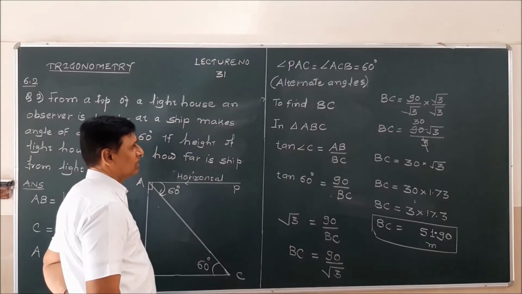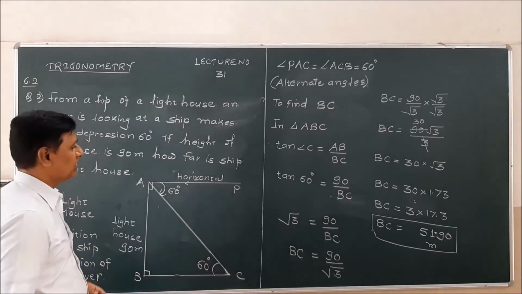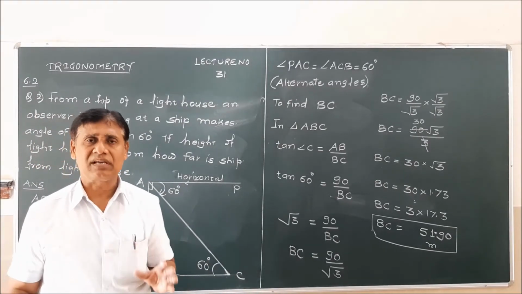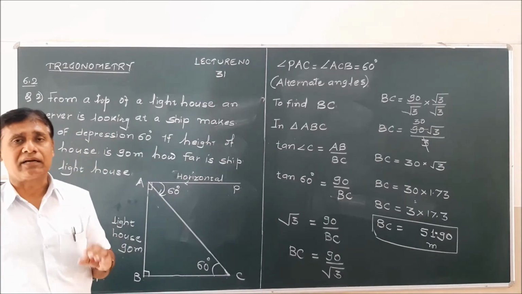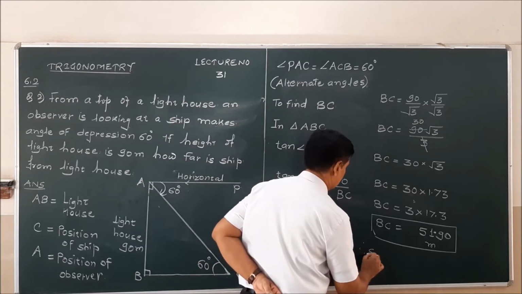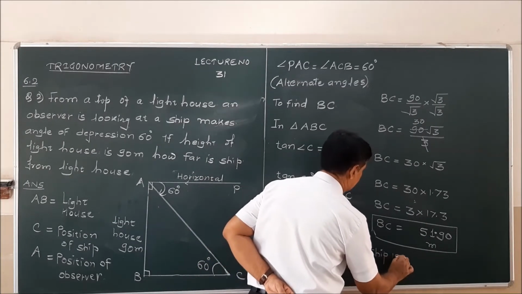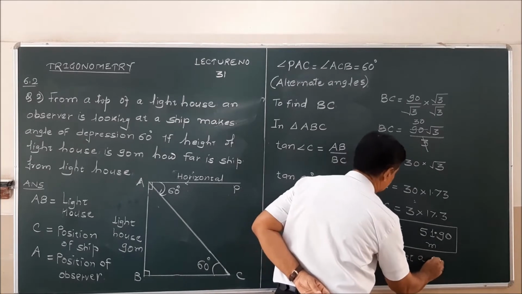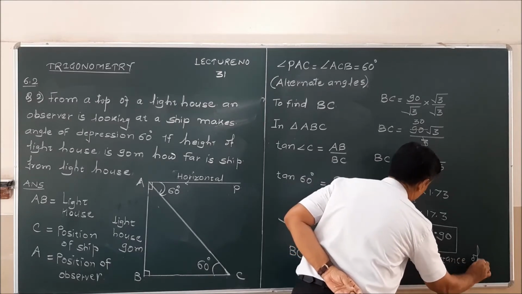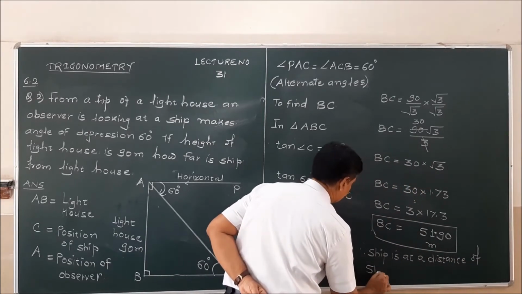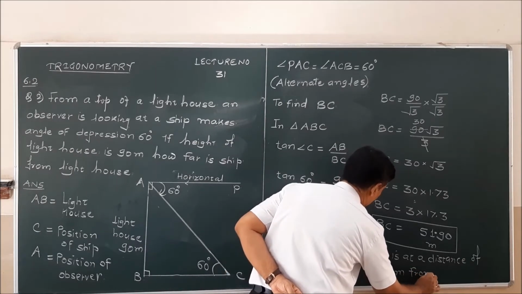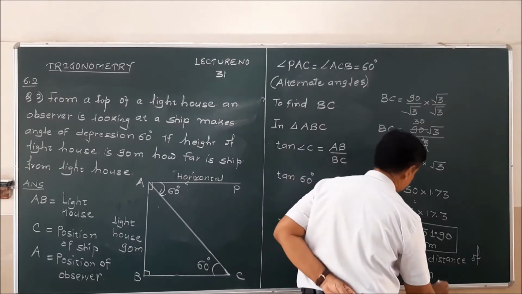So BC is equal to 51.90 meters. So our final answer: in examination also, please remember, you must write the answer in a complete sentence. Therefore, the ship is at a distance of 51.9 meters from the lighthouse.